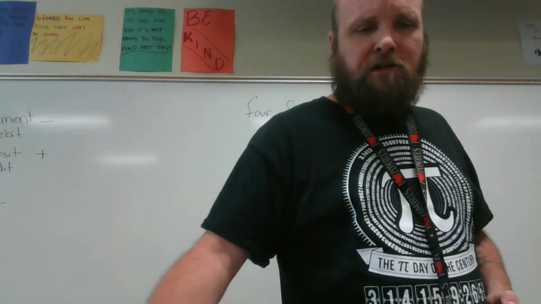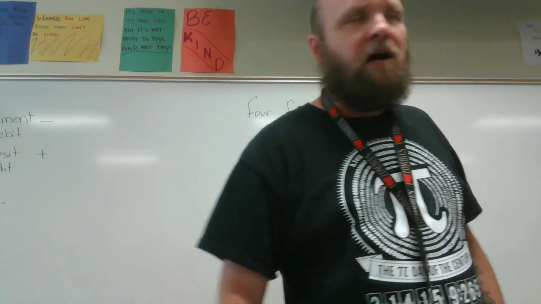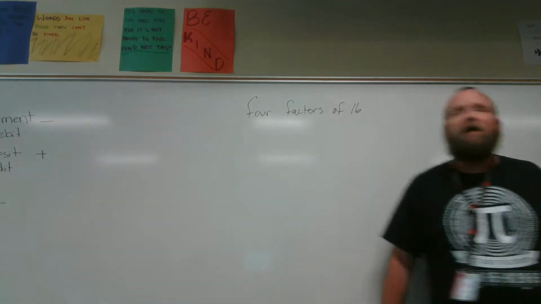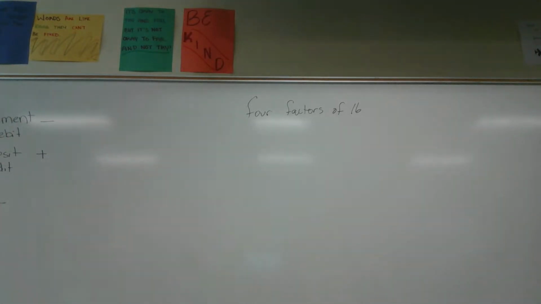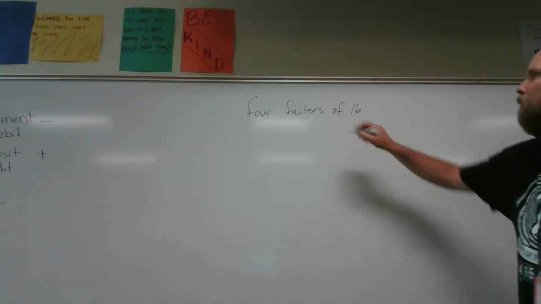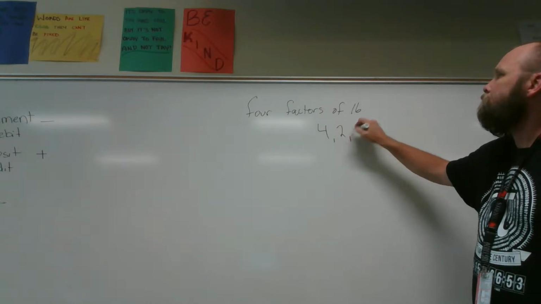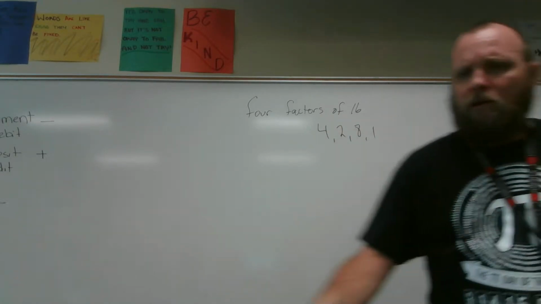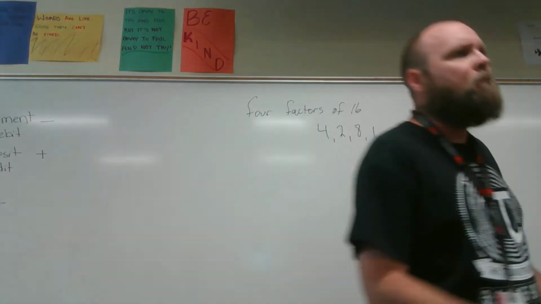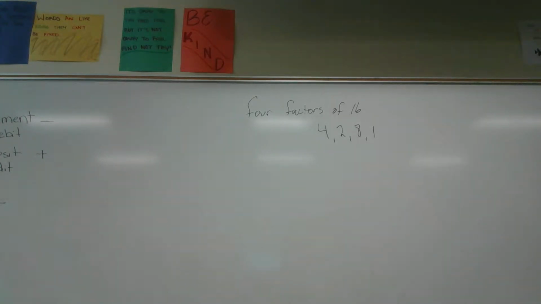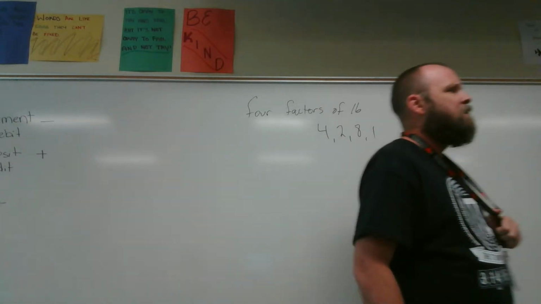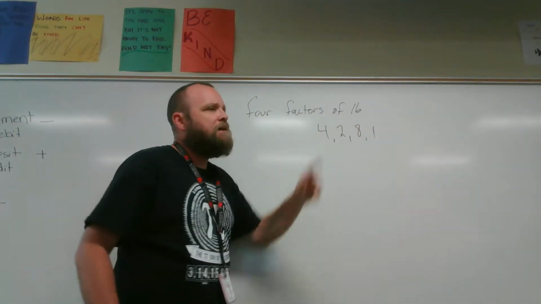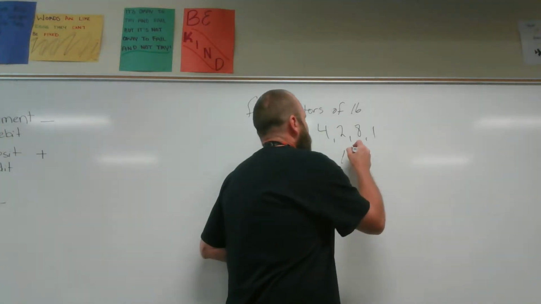The first question says, name 4 factors of 16. Elijah, what are 4 factors of 16? 4, 2, 8, and 1. Woo! Megan, are there any that you could have put up there that he didn't? Megan says you could have also included 16.